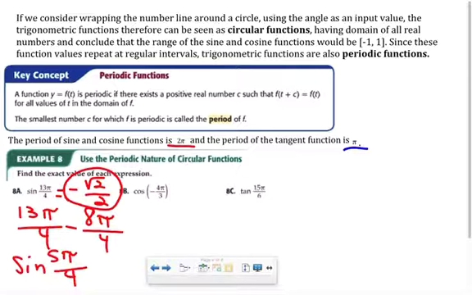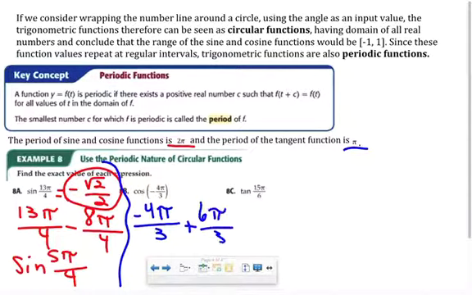Similar idea in part B. This time they gave us a negative angle, so instead of subtracting 2 pi from that, I'm going to add 2 pi to that. So negative 4 pi over 3 plus 2 pi, which is equivalent to 6 pi over 3.